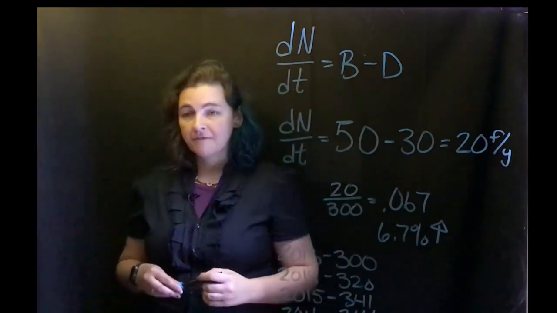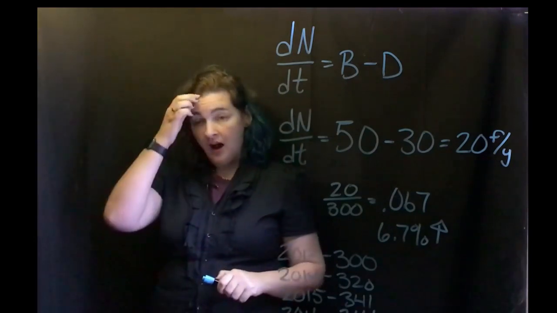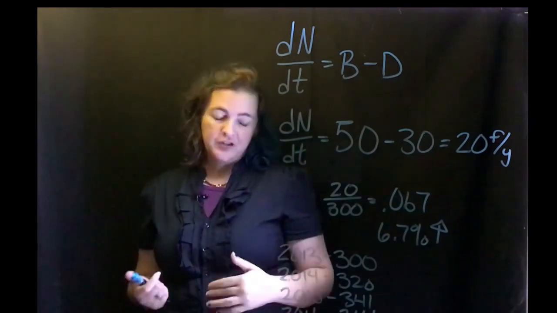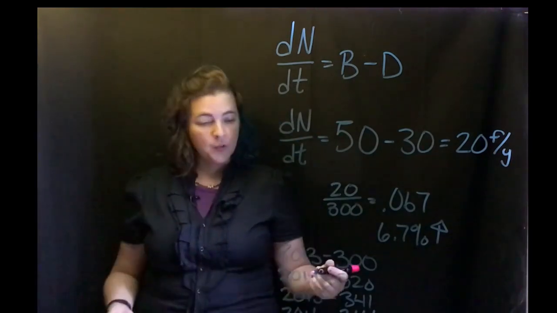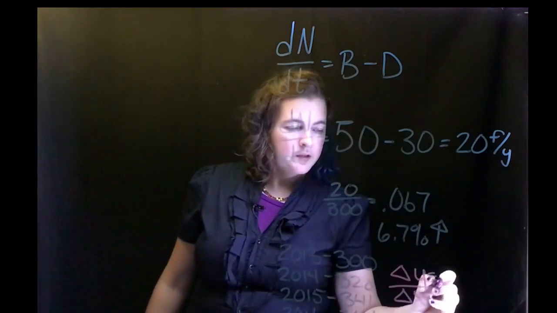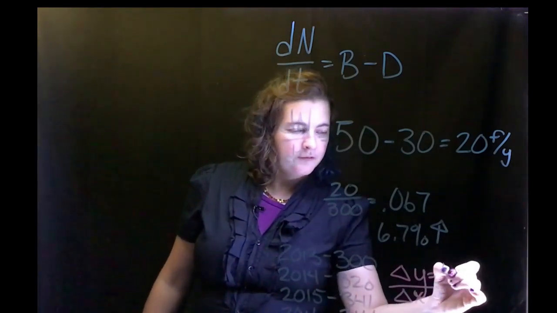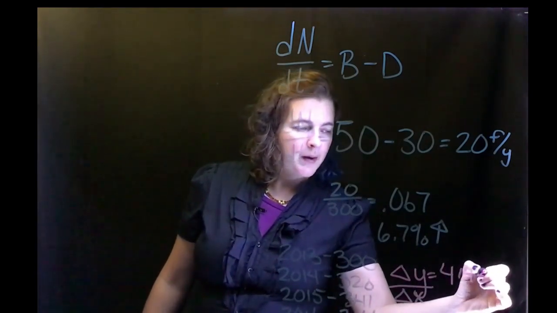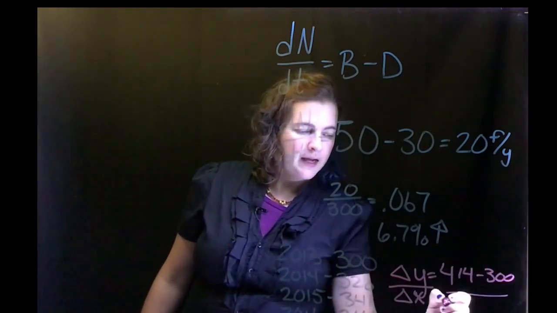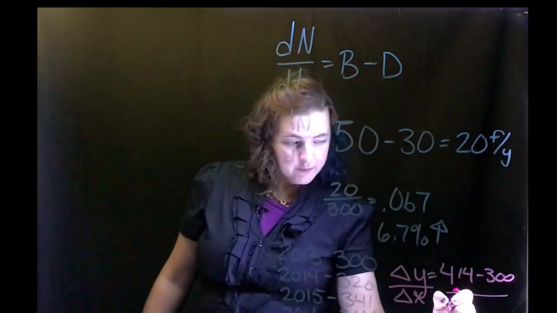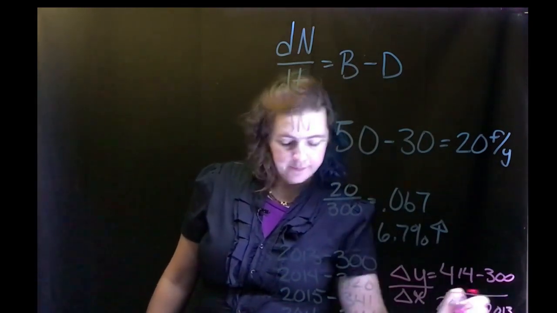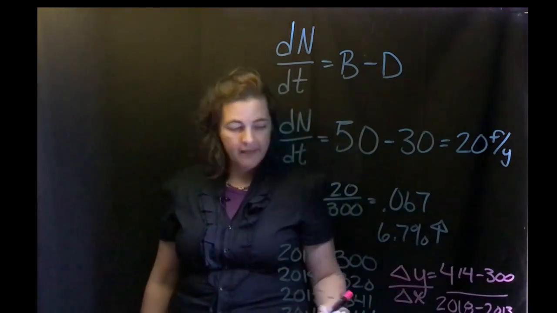Now, if we want to find the average rate of change of this population over time, we're going to do the change in y over the change in x. So the change in y is going to be the change in our population here. So our change in y would be 414 minus 300, divided by the time, so that's 2018 minus 2013.